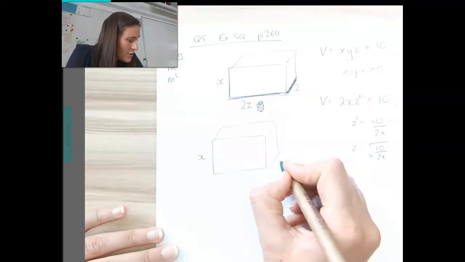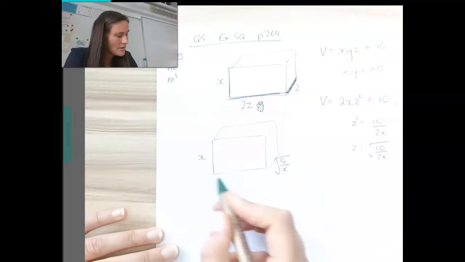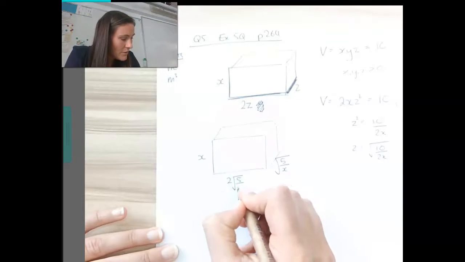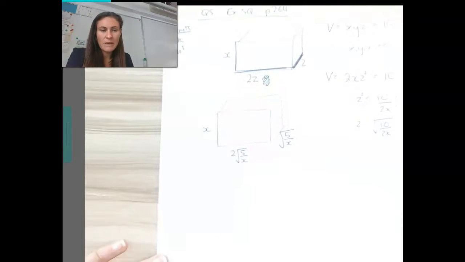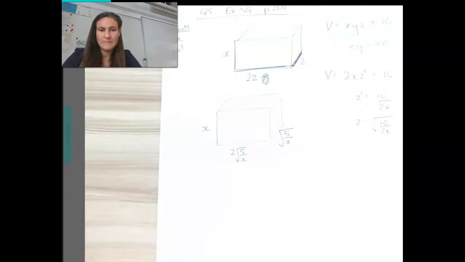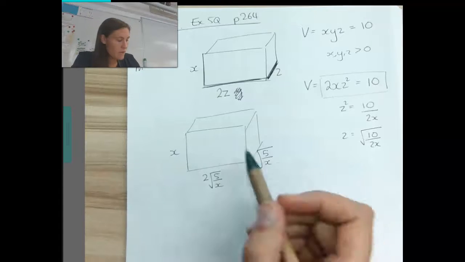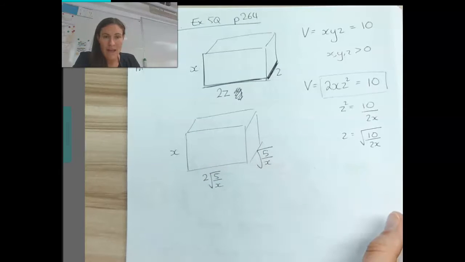Let's make that 5 over x. So that's 5 over x. It's the square root, and this will be 2 lots of root 5 over x. I'll probably split that surd up when it comes to the calculation. All right, so we've got our 3 dimensions in terms of x.